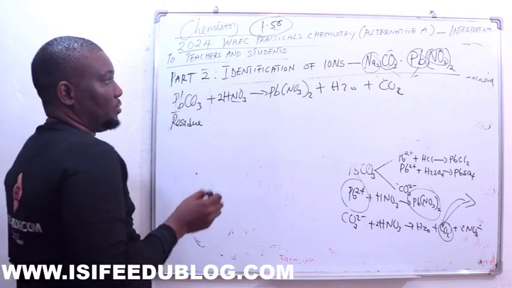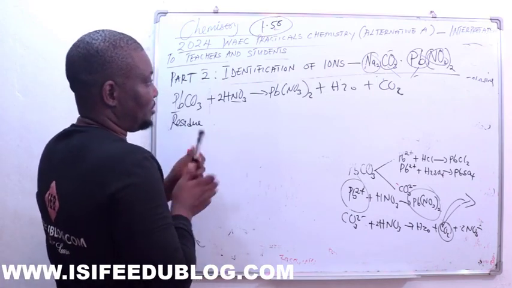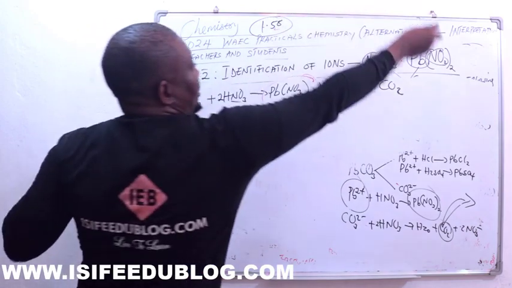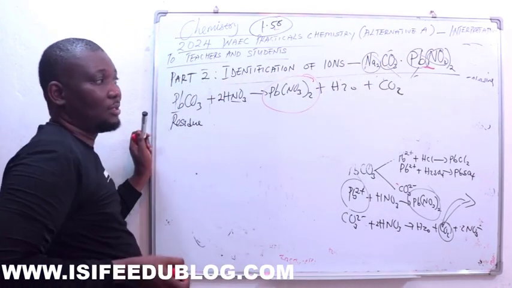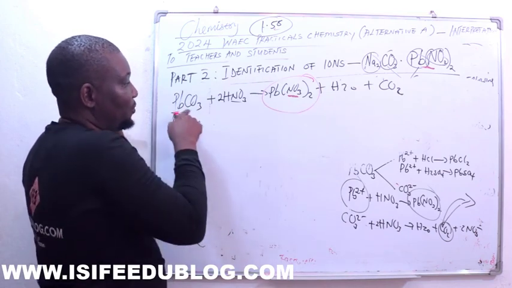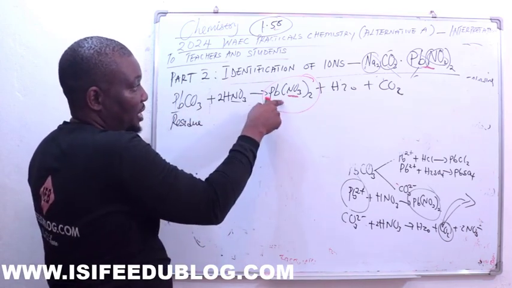So what we technically have at this point is this, because we are going back to the salt again. But this time you cannot test this solution from this residue again. So what we have is this.